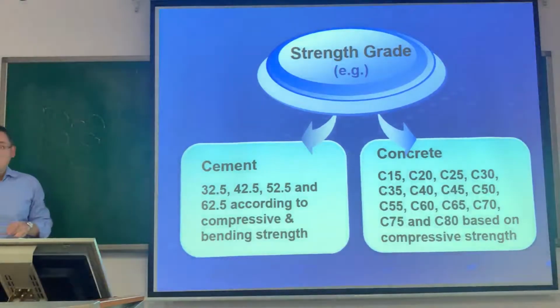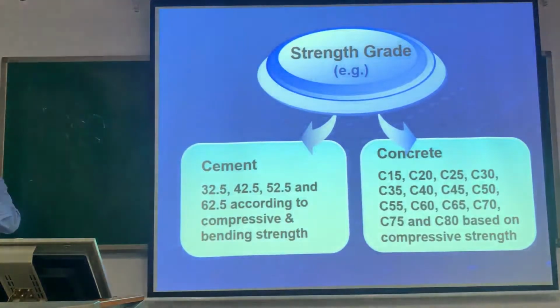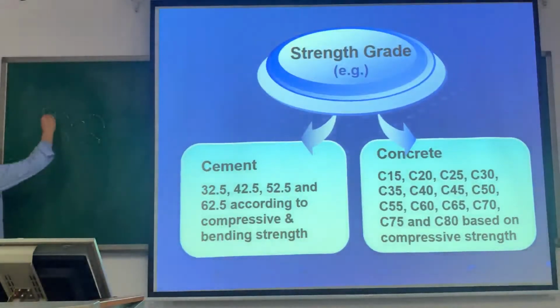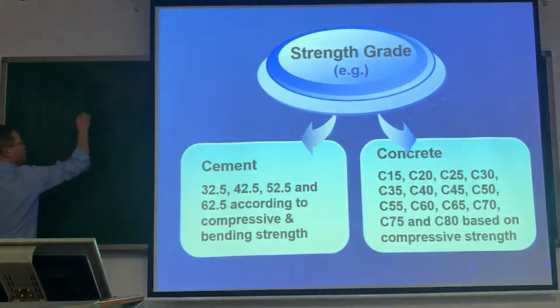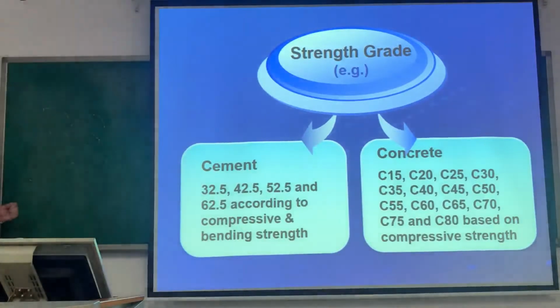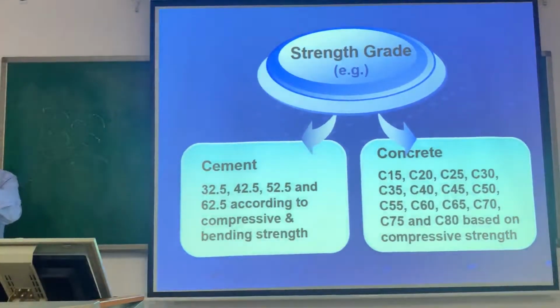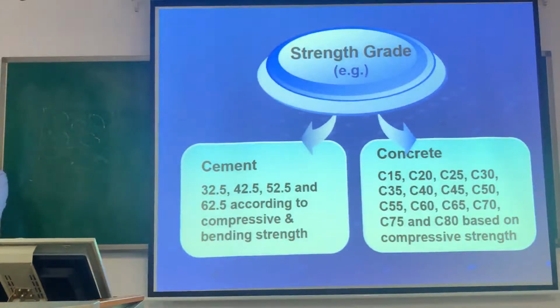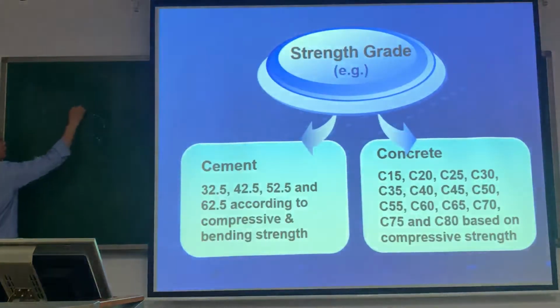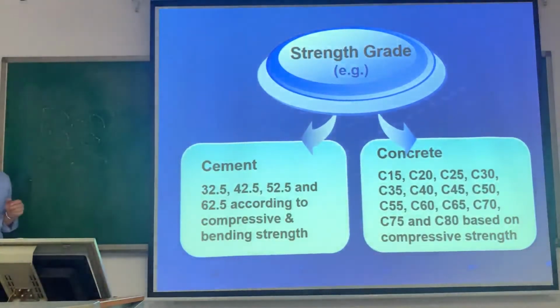What is this? Aggregate, especially the coarse aggregate. And what is this? The hardened cement. After the reaction of the cement with the water, it will be hardened. This part is the hardened cement paste.